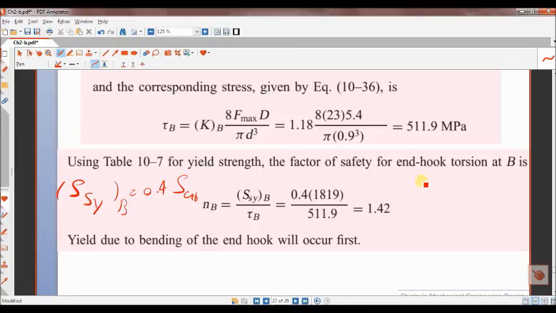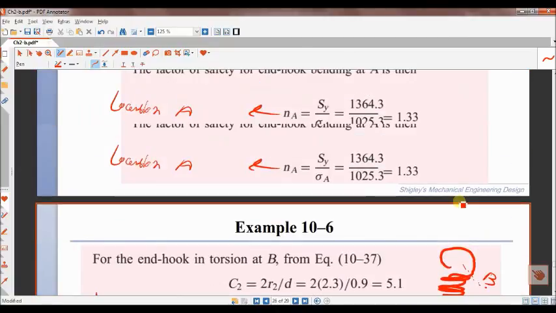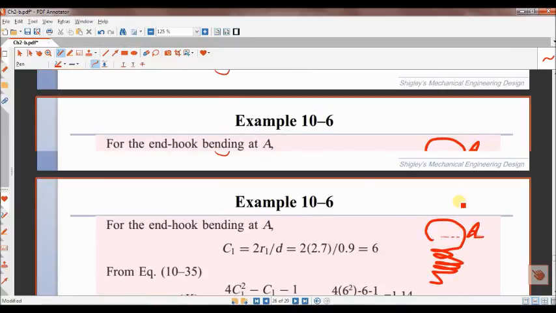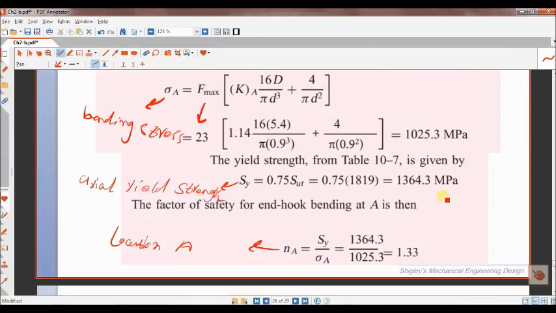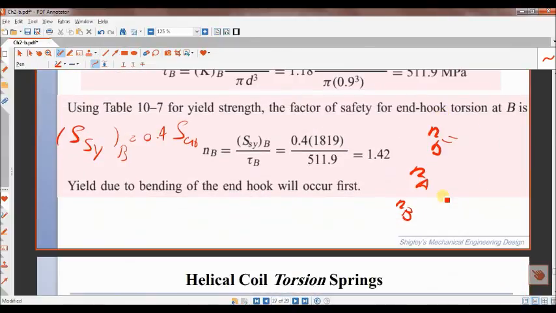At this stage, I have to compare the safety factor in the body, the safety factor at location A, and the safety factor at location B. The safety factor at the body was equal to 1.52, at location A was 1.33, and location B 1.42.